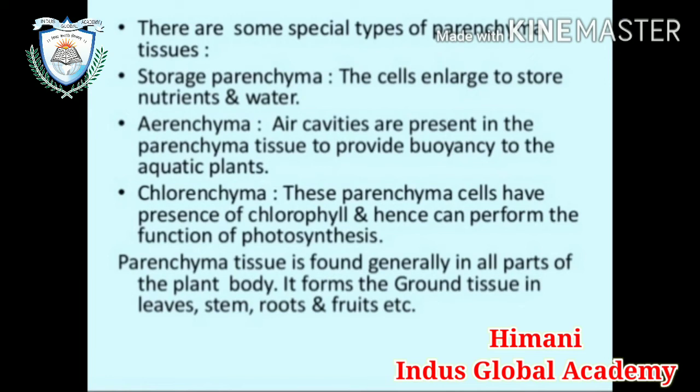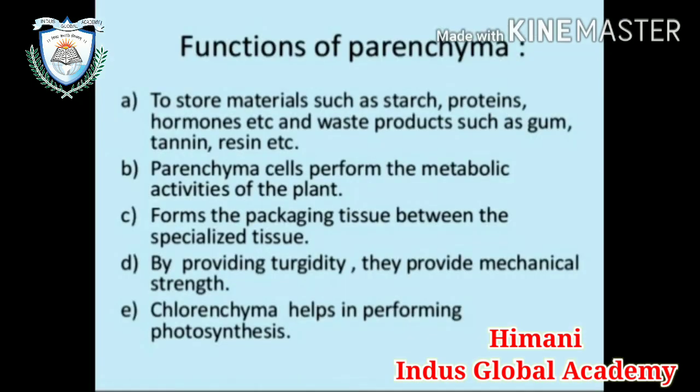Parenchyma tissue is generally found in all parts of the plant body. It forms ground tissue in leaves, stem, roots and the fruits, etc. Now the functions of the parenchyma: it stores material such as starch, protein, hormones, etc. and waste products such as gum, tannin, resin, etc. Parenchyma cells perform metabolic activity of the plant, but at a lower rate.